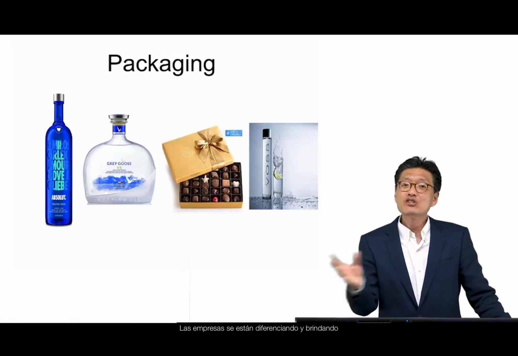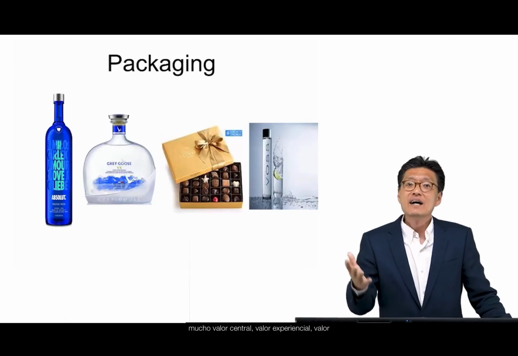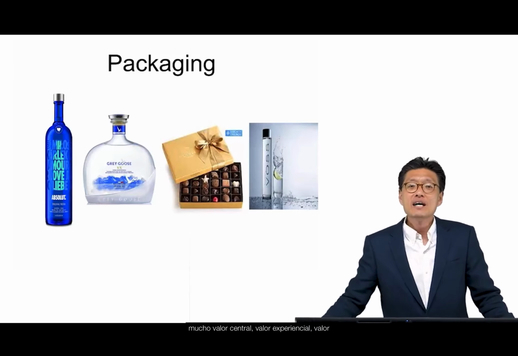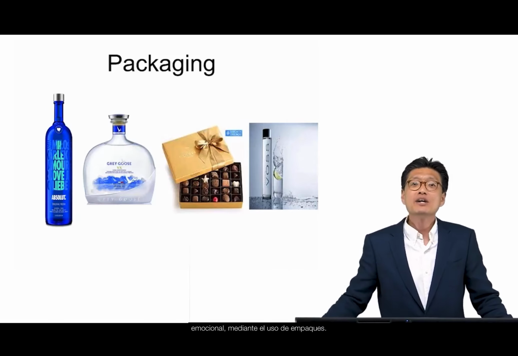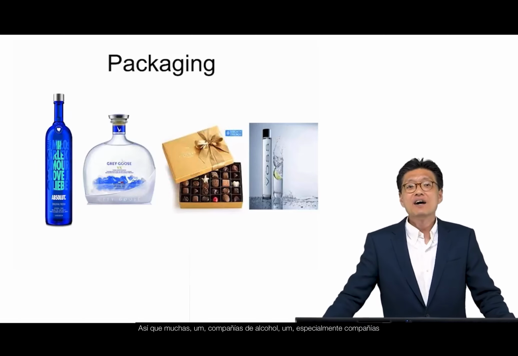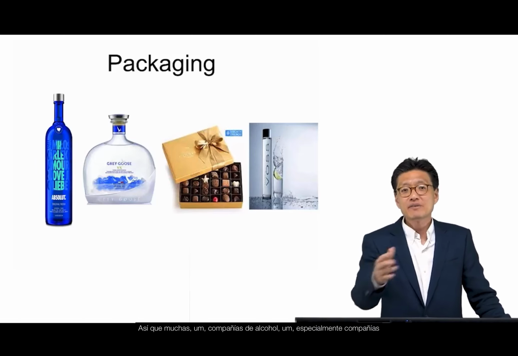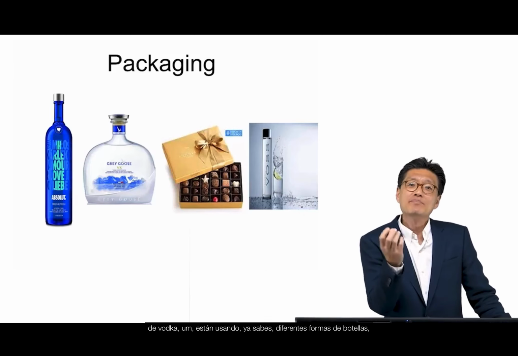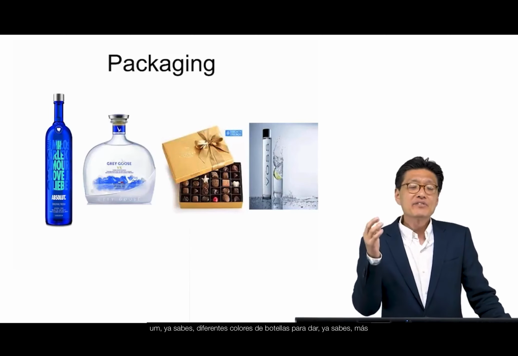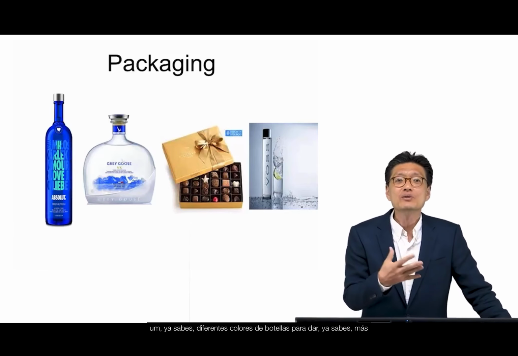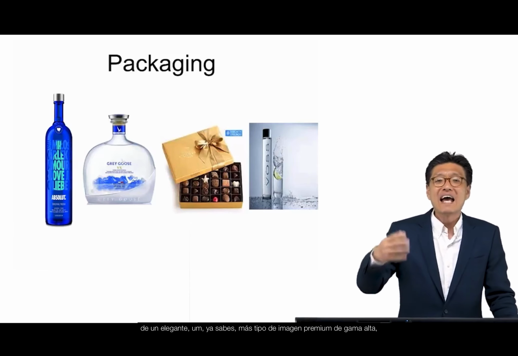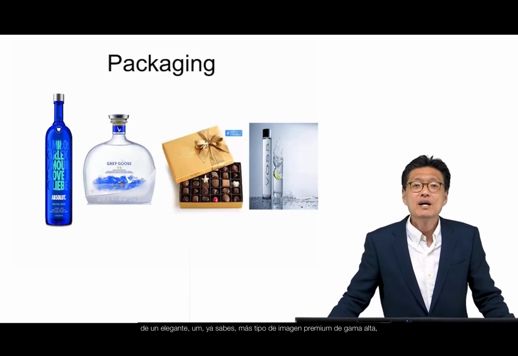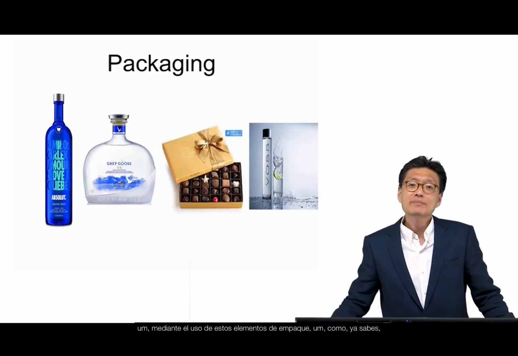Companies are differentiating and providing a lot of sensual, experiential, and emotional value by using packaging. A lot of alcohol companies, especially vodka companies, are using different forms and colors of bottles to give out a more elegant, high-end, premium image through these packaging elements.